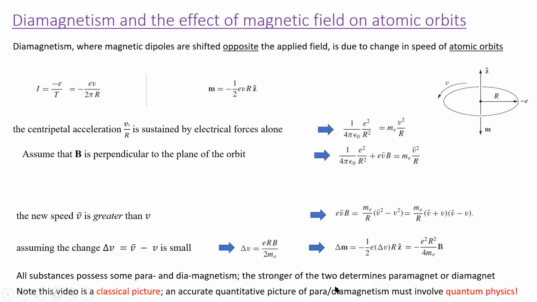But nevertheless, this gives us more direct physical insight into why paramagnetism and diamagnetism exist, and why we have some substances that respond in the same direction as the field and others that respond opposite.